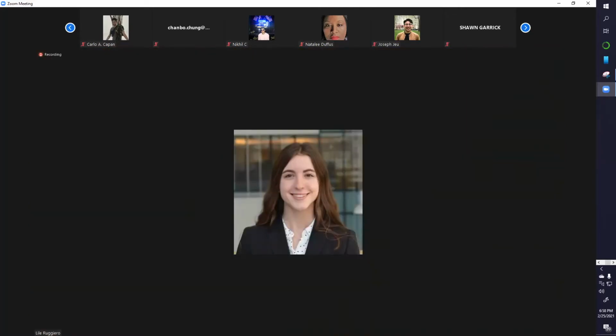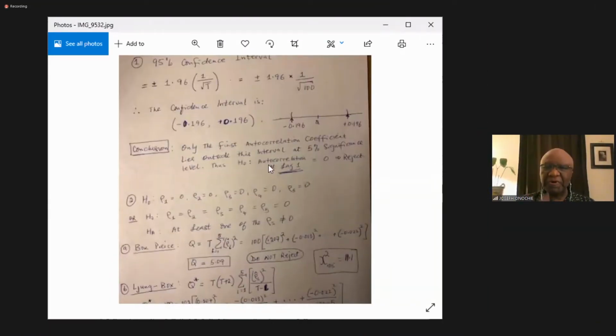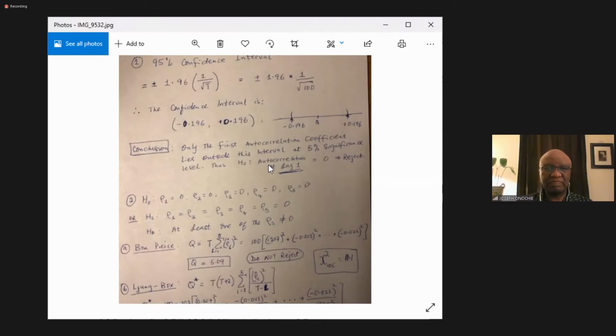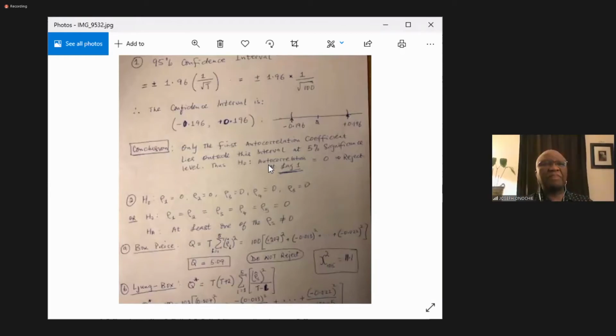It is outside, but if it's outside, that means I am rejecting it because one of the lags falls outside of the range. No. We're not thinking of all of them at once. We're thinking of each one separately. So it rejected because it lies outside the range. It rejected what? That hypothesis. And what is the null hypothesis?